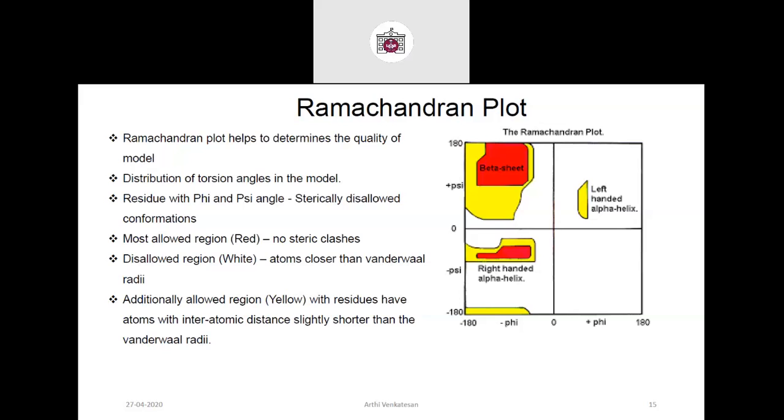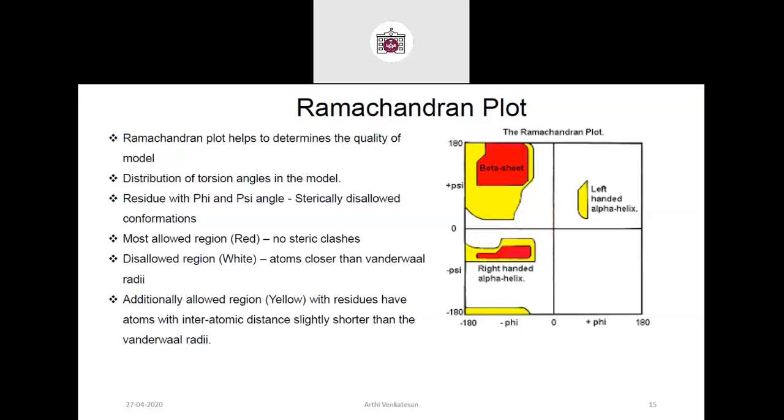The Ramachandran plot already defines the limitation of rotation. For example, glycine is a small residue and proline has a closed ring. So these particular residues are limited to particular dihedral angle rotations.